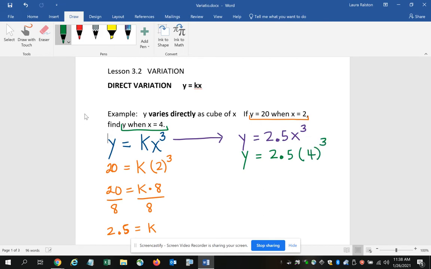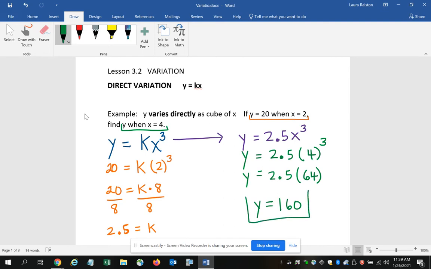Again, it's just straight, flat out substitution. So then we do the math. We have 2.5 times 4 cubed, which is 64. If we do 2.5 times 64, you may want to use your calculator, we get that y equals 160.